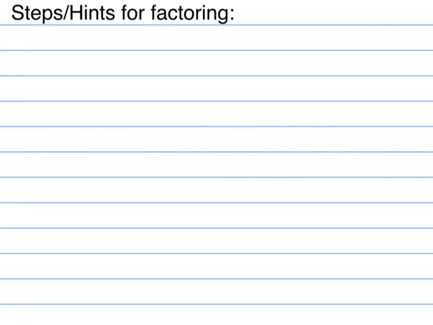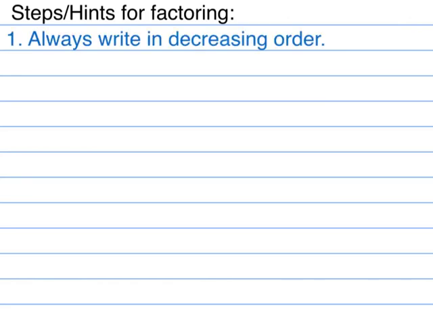Alright, let's look at some steps or hints that we need to use for factoring, and we will apply them to a couple of problems. Okay, so the very first thing would be to always write in decreasing order. You will often see that idea written as ax squared plus bx plus c.